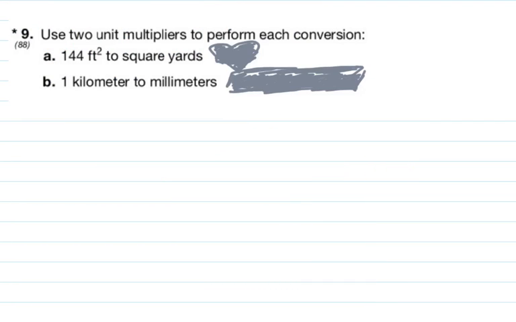Okay, let's do number 9. Number 9 says to use 2 unit multipliers to perform each conversion. So let's just look at A. For A, we need to take 144 feet squared and convert that to yards squared, to square yards.